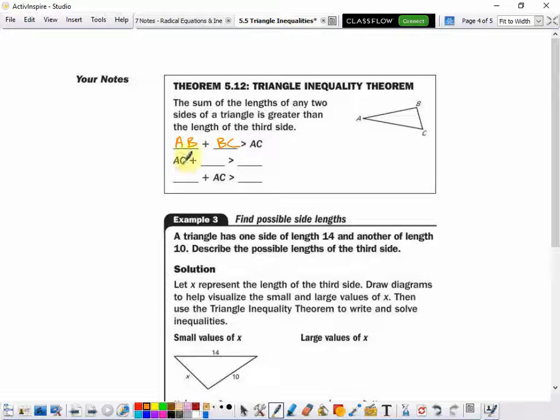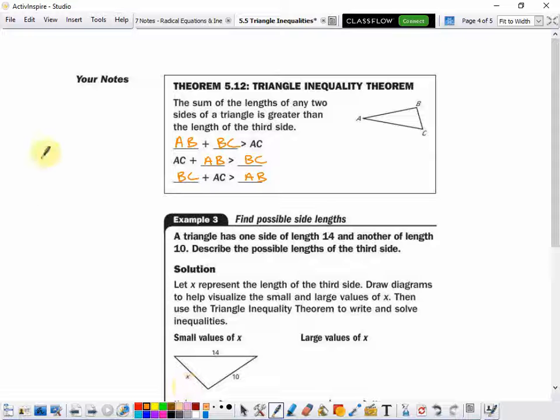If I add up AC and AB, that has to be bigger than BC. If I add AC and BC, that has to be bigger than AB. So no matter what two sides I add, they have to be bigger than the remaining side.